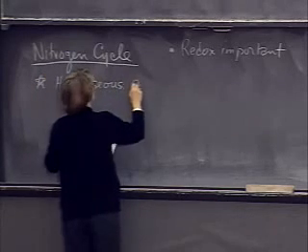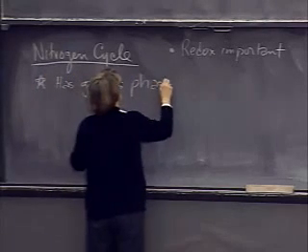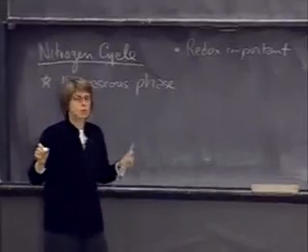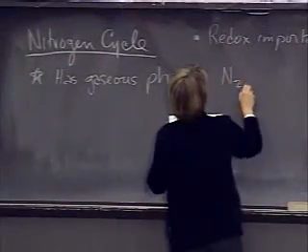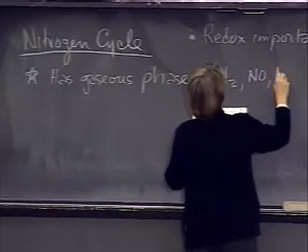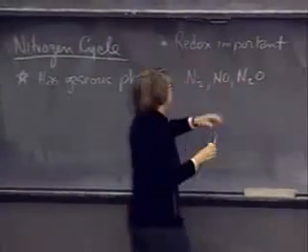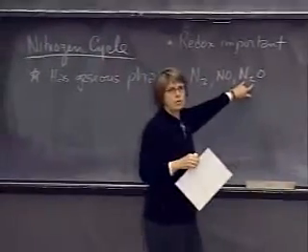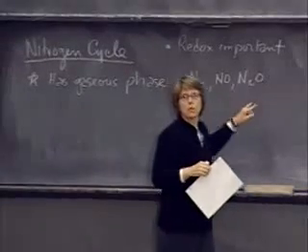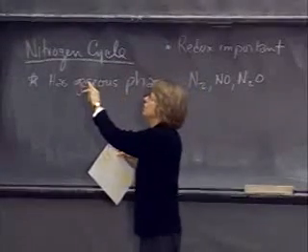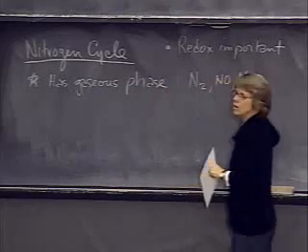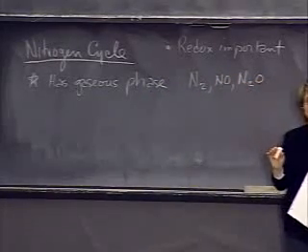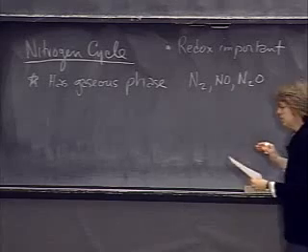It has a gaseous phase. In other words, there's an important atmospheric component. N2, NO, N2O. And by the way, this is a very powerful greenhouse gas. So the balance or imbalance in the nitrogen cycle that results in more or less N2O is very important for global climate regulation.